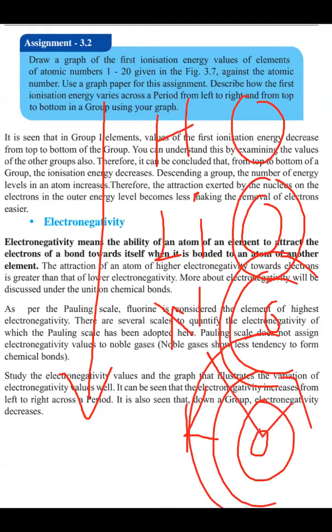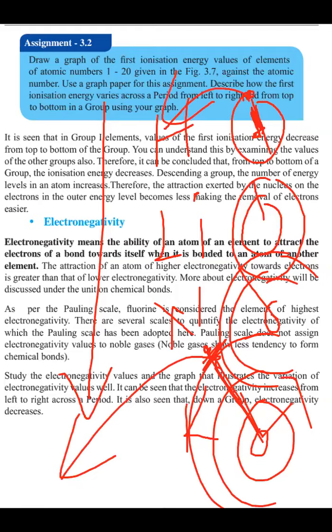So if you consider the atomic radius, the electron here is more attracted to the nucleus. But here the distance is greater, so less attracted. This electron is easily removed than this electron. That is why the ionization energy is low. Ionization energy is the energy required to remove this electron.